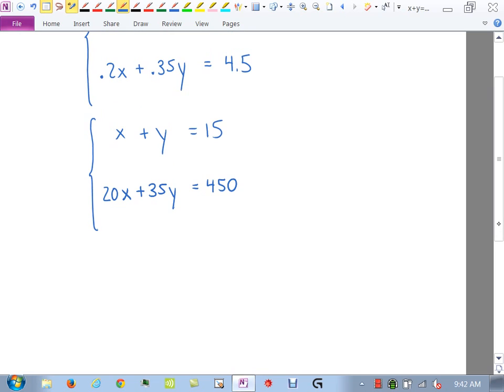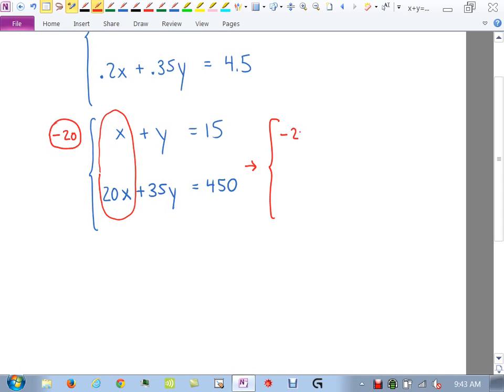Okay, now you have choices in how you want to solve this. I think I'm going to do the addition method or elimination method, which was the second one that we've looked at. I'm going to try and get my x's to go away. So to get these x's to go away, I need to put a negative 20 in front of that x, right? So I'm going to multiply the first equation by negative 20. And let me rewrite that entire thing over here.